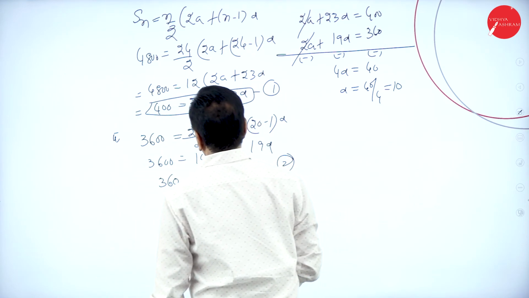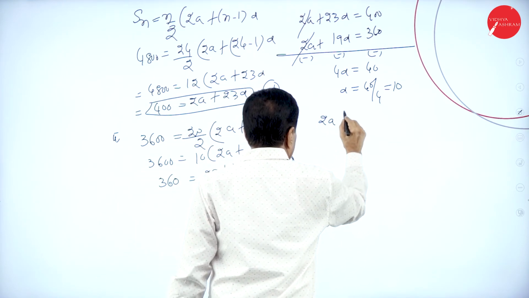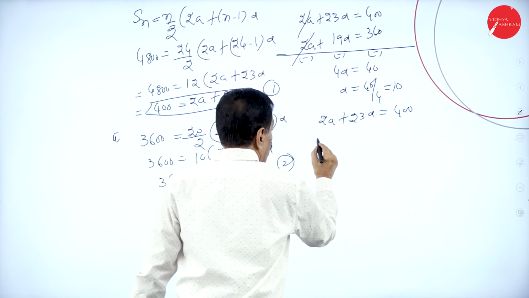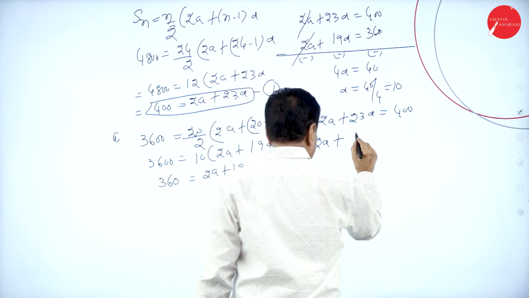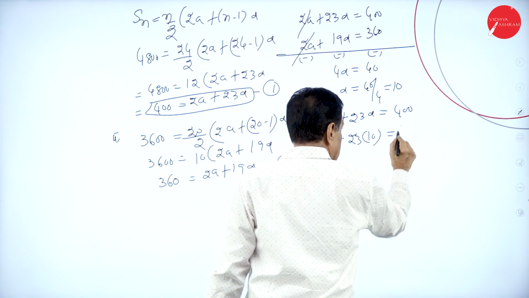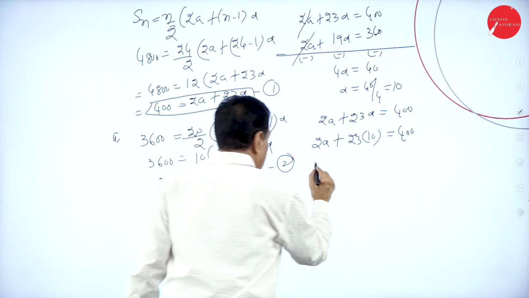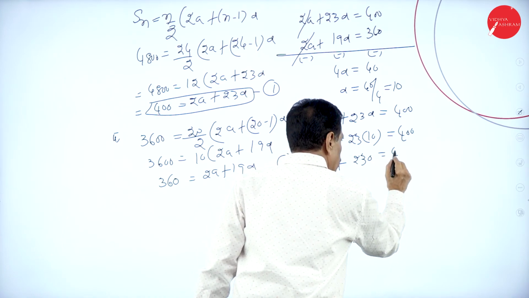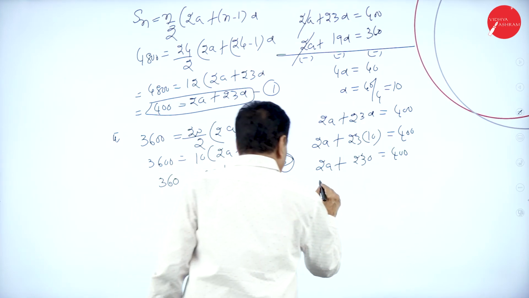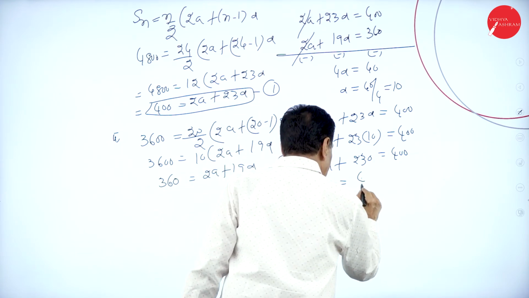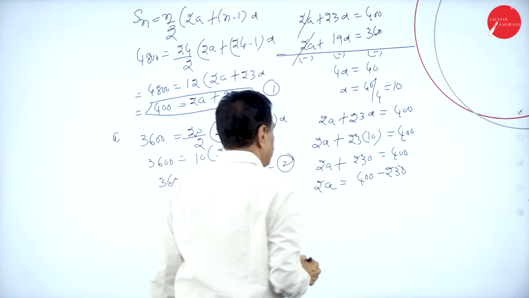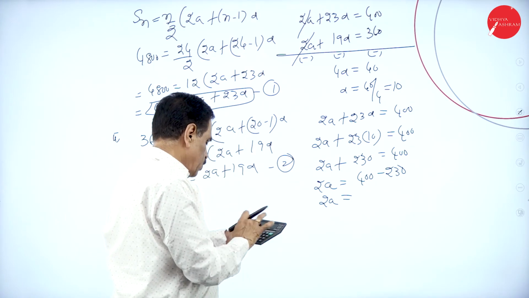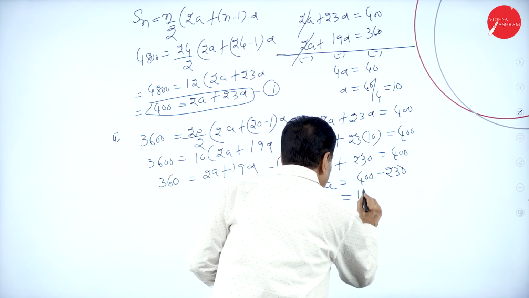Take the first equation, 2a plus 23d is equal to 400. 2 into a, 23 into d, which is 10. So 2a plus 230 is equal to 400. 2a is 400 minus 230, which is 170.